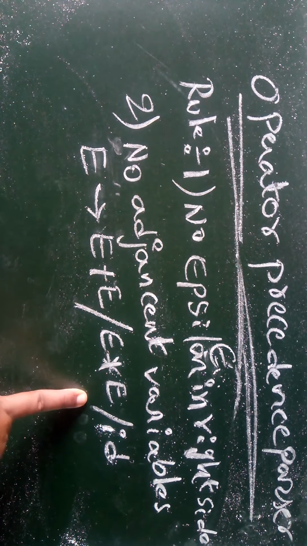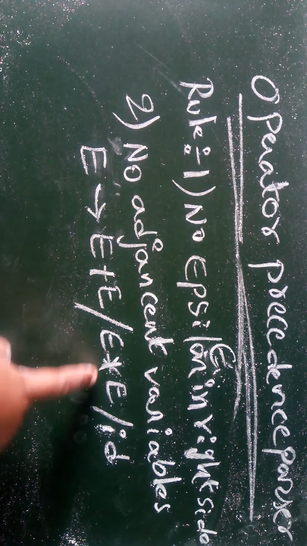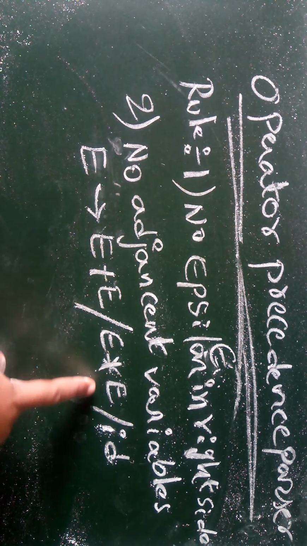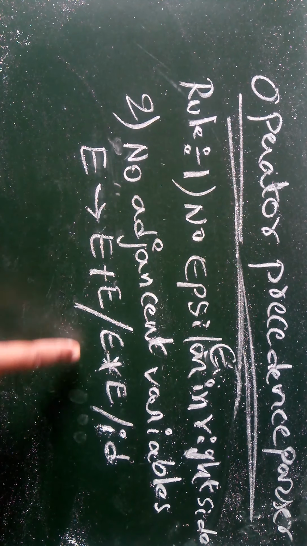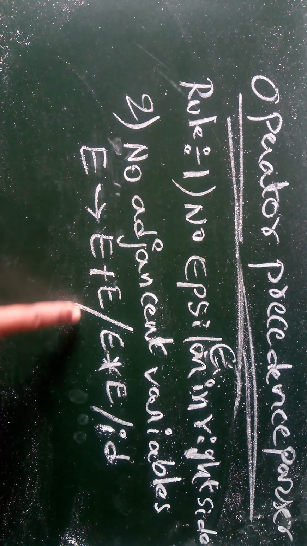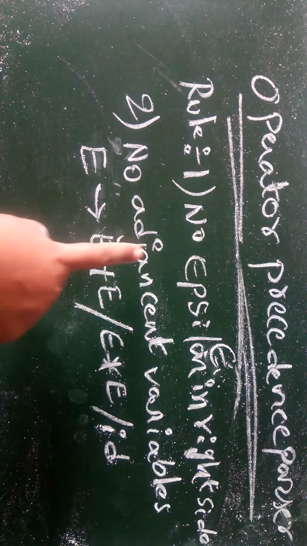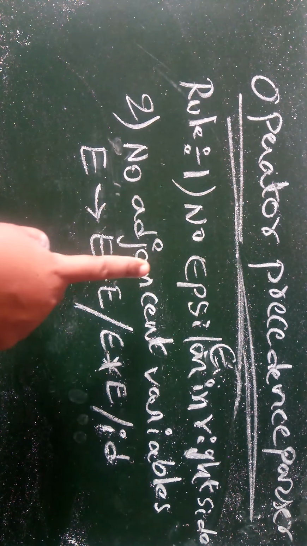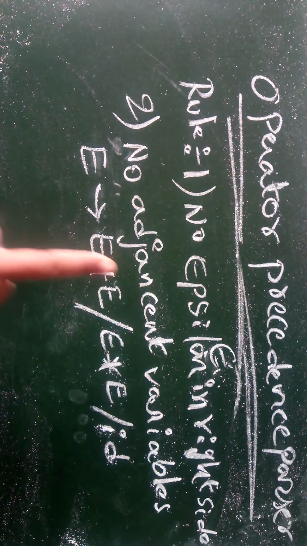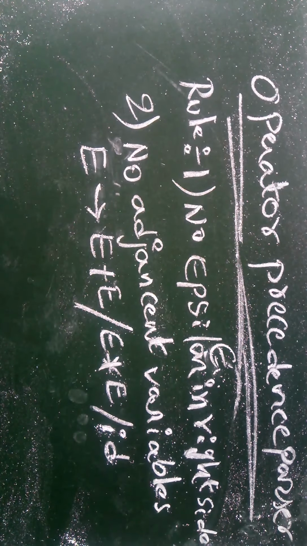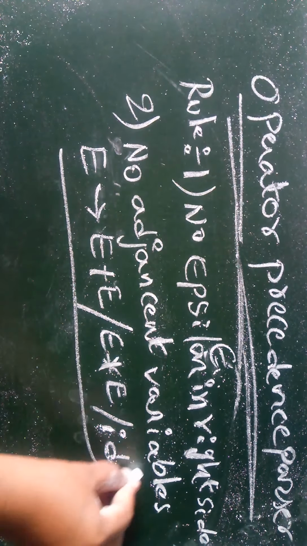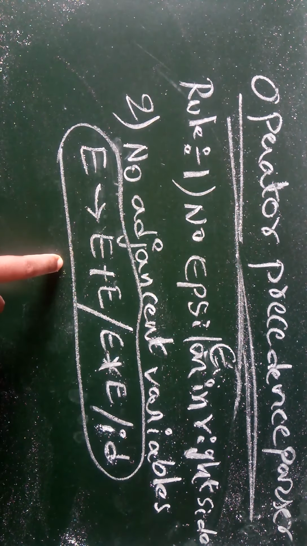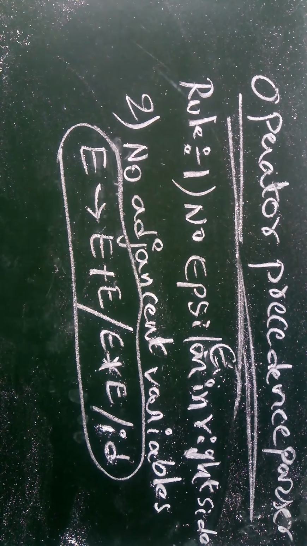That means the first rule is satisfied. Coming to the second rule, no adjacent variables, there are none here. So the second rule is also satisfied. If these two rules are satisfied, then that is called an operator grammar. This entire problem is an operator grammar.